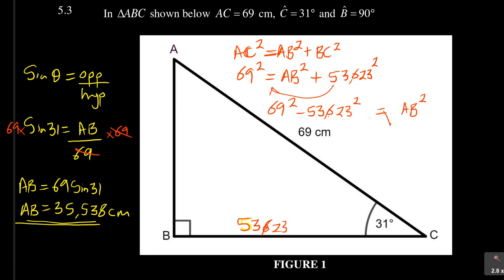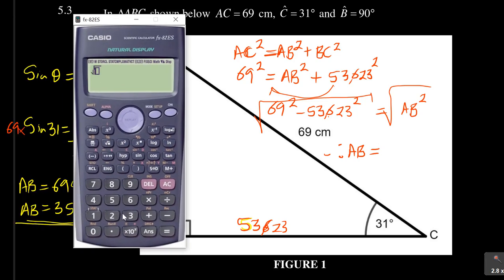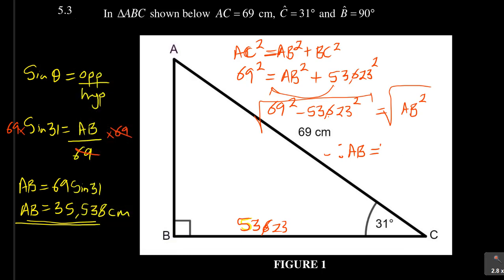To get rid of that square, if you recall from your notes, you can say therefore AB is equal to, you take a calculator there and find the square root of 69 squared minus 53.623 squared. Then if you do that, you can see that is 43.423 centimeters, if you still remember.